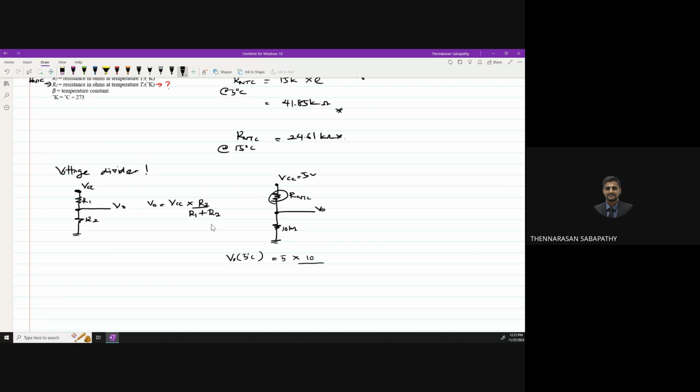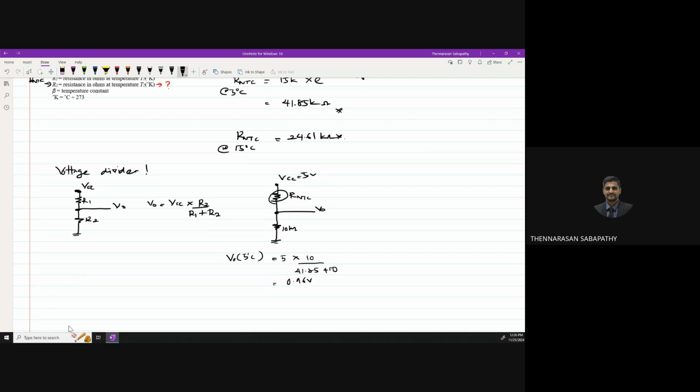I don't want to put the K there because all of them will be in kilo ohm. Divided by 41.85 plus 10. What is the voltage that you get? 0.96. 0.96.